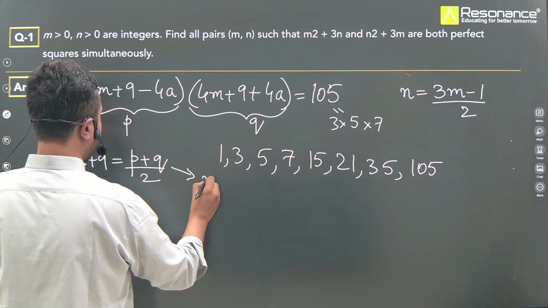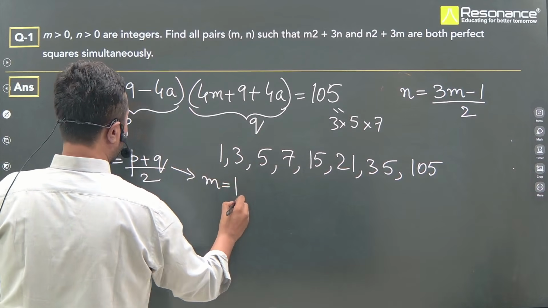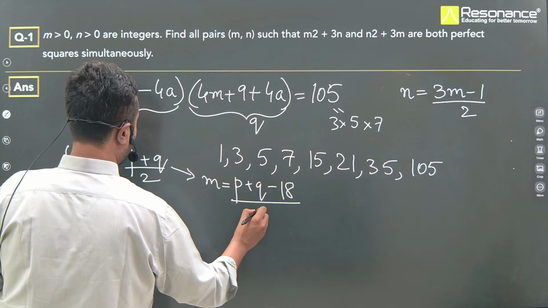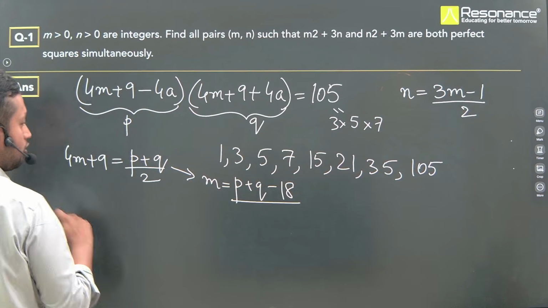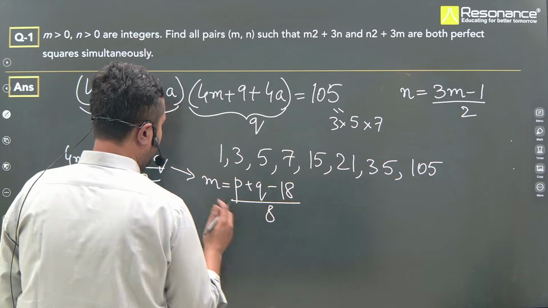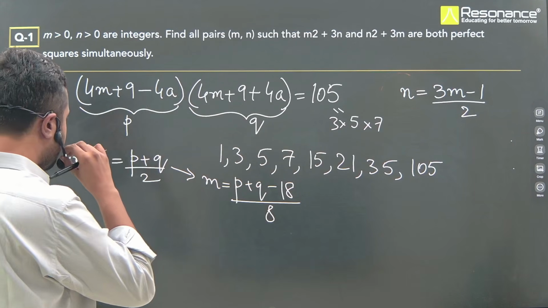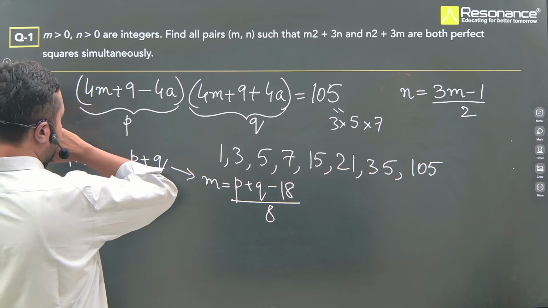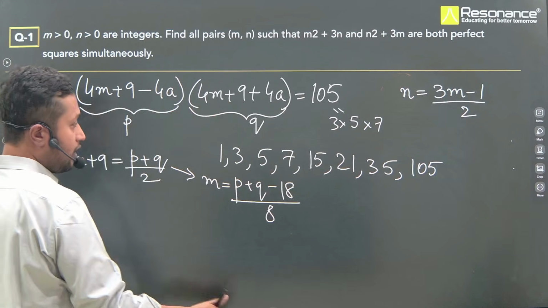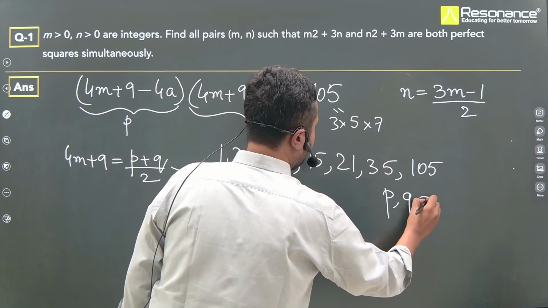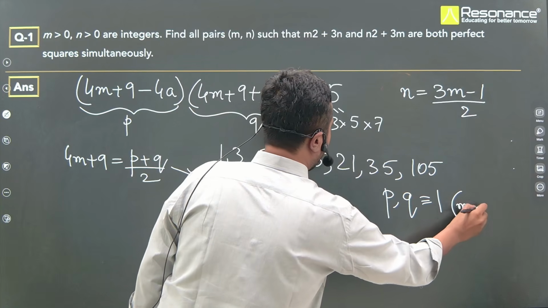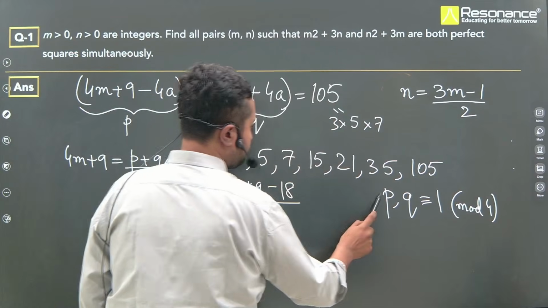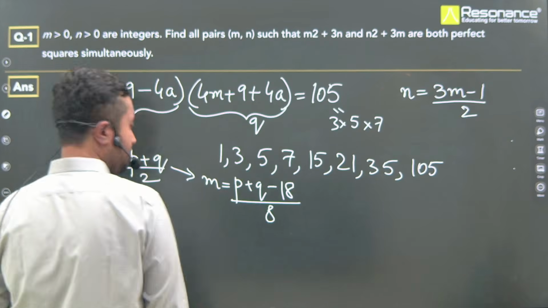So that tells us that m is (p plus q minus 18) divided by, well, it was 2, now we also bring that 4, so that gives you 8. Oh yeah, so p and q are actually congruent to 1 mod 4, right? We'll use that if we need it.